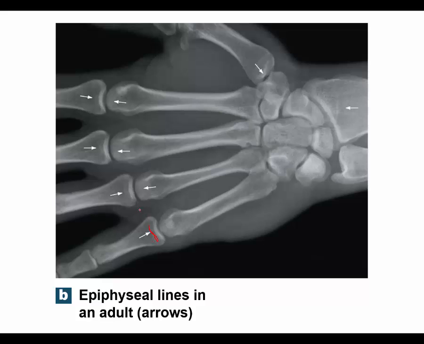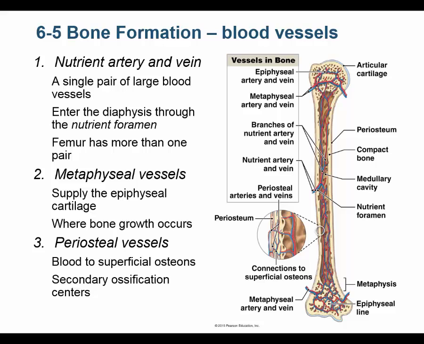Right in here someplace. Maybe here. Yeah, I'm starting to see it now. If you look at it long enough, maybe your brain's just playing tricks on you, telling you there's a line there. Anyway, there's supposed to be lines there. I've seen x-rays where the lines are beautiful, because the epiphyseal lines are dense enough to make the x-rays bounce off them, so you can see them in an x-ray like that.